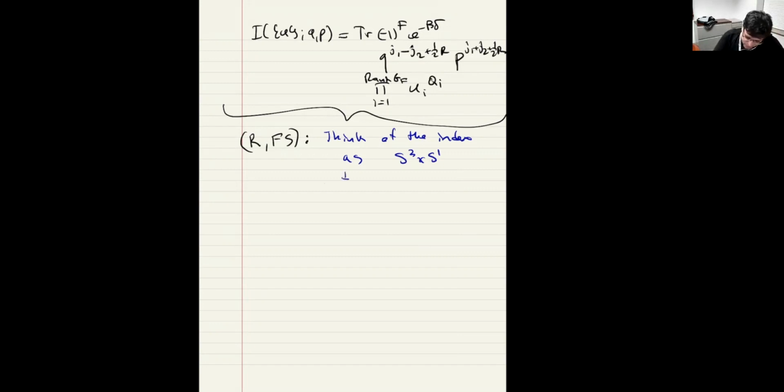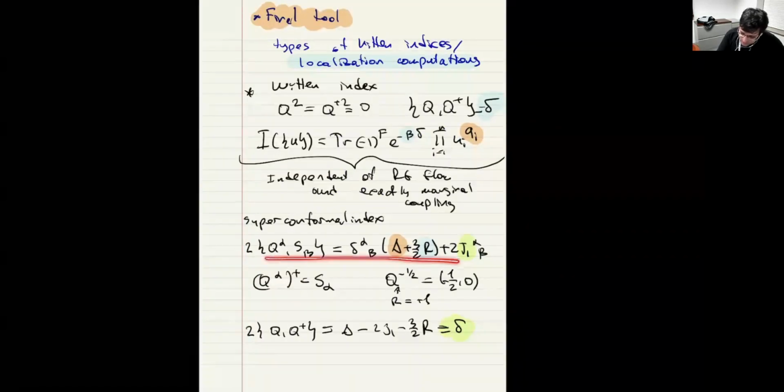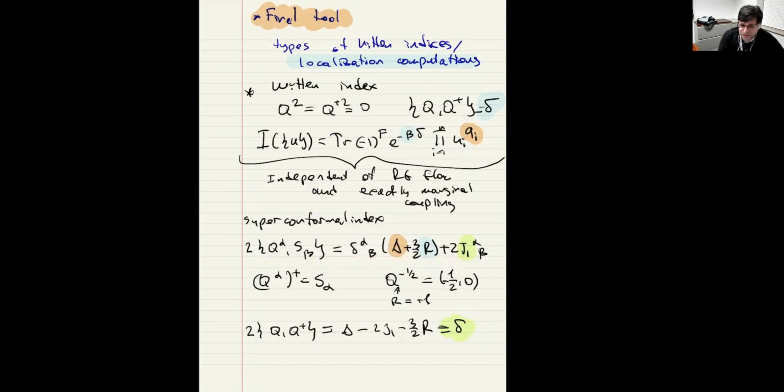There is a way to preserve a certain supercharge Q and a certain R symmetry R. And you also have the rotations or translations around this circle S^1. If you do that, you actually generate an algebra which is not just similar, but precisely the same as the algebra given here.